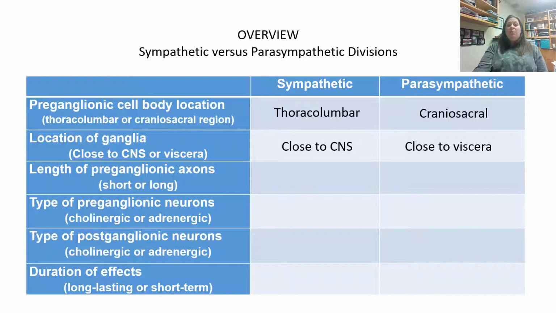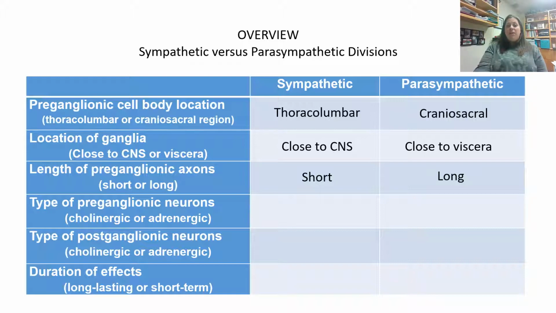Now, the length of the preganglionic axon. Since the ganglia are close to the central nervous system in the sympathetic, these preganglionic axons are short. Since the ganglia are closer to the organ in the parasympathetic, these preganglionic axons are long.